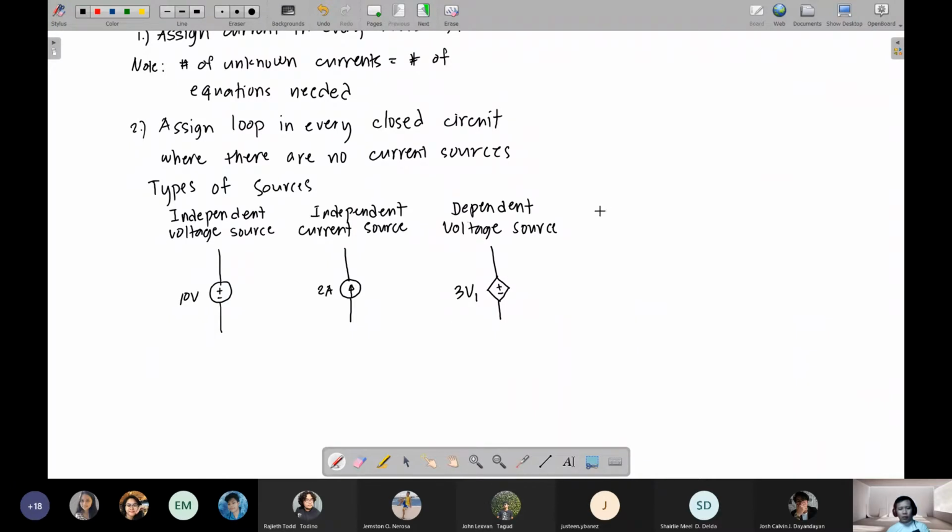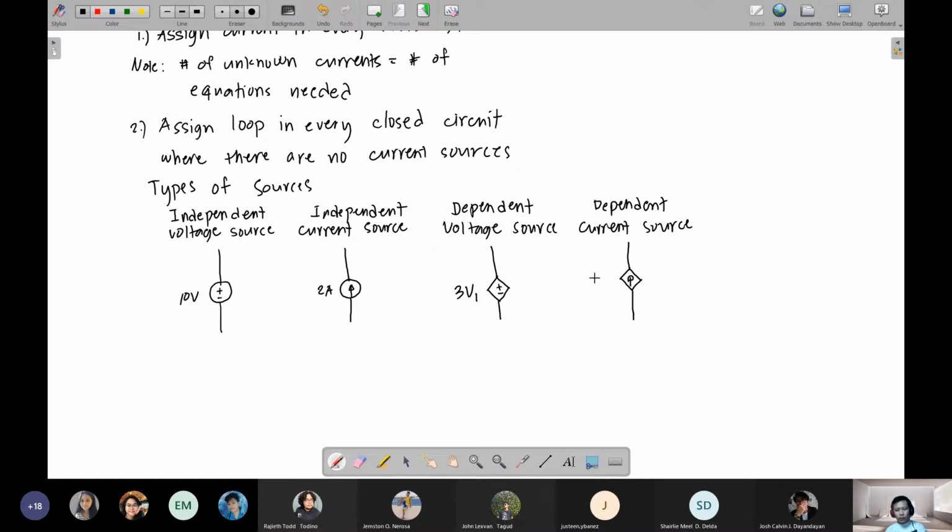But of course, if there is a dependent voltage source, there's also a dependent current source. Okay? Kompleto na. Dependent current source. Same gihapon, its equivalent diagram is an arrow, but this time the same na, the diamond na ang porma. Again, it's dependent, meaning it doesn't have its own value.